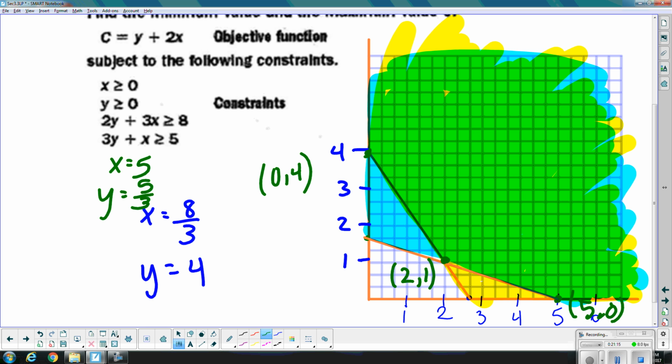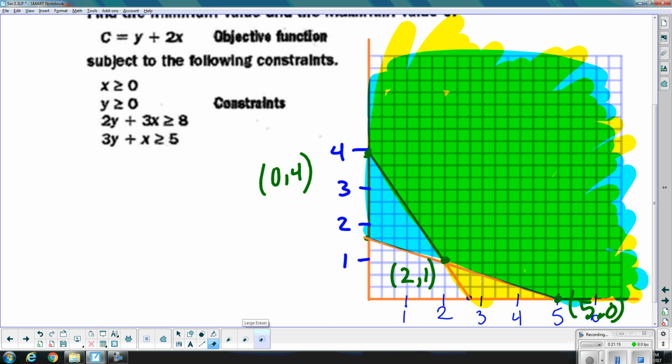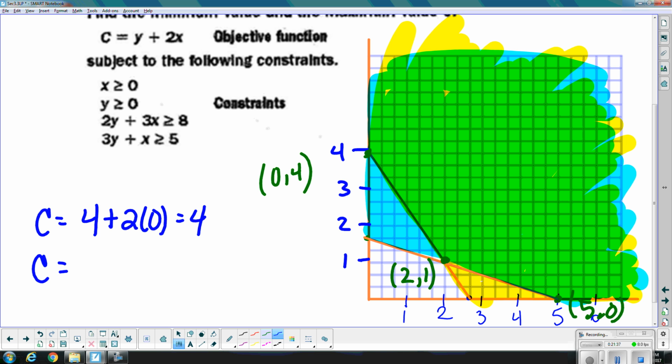Still going to use those, and I'm going to plug it back into my objective function, where c equals y plus 2x. So c equals 4, looking at my first point here, 4 plus 2 times 0, which equals 4. C equals y, which is 1, using this point 2, 1, plus 2 times 2, which is 5.